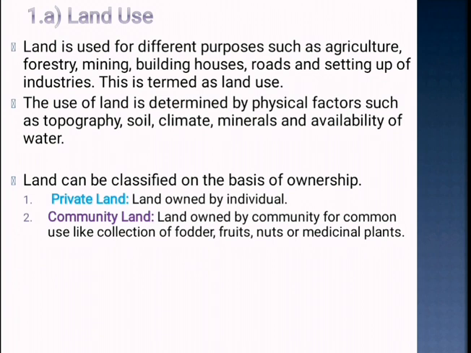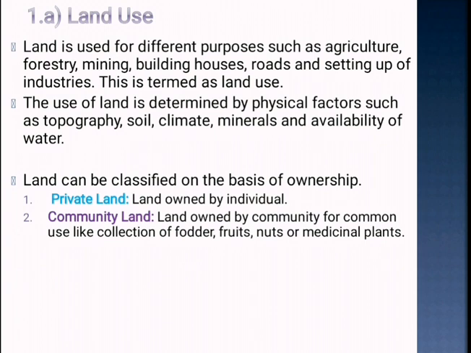If the land contains more minerals, we will utilize those minerals for another purpose. If it is a very hilly area, where agriculture or habitation is not suitable, then according to all these factors, we will use the land for different purposes.